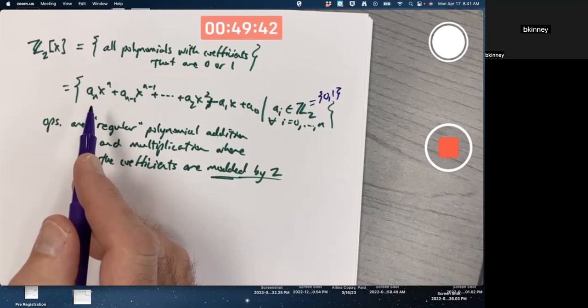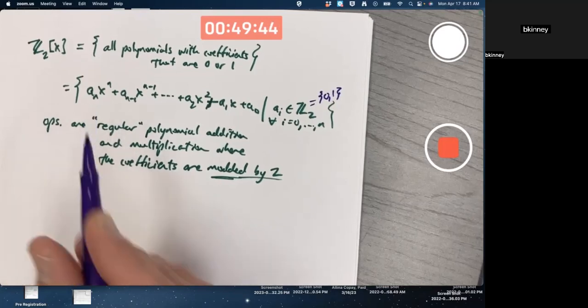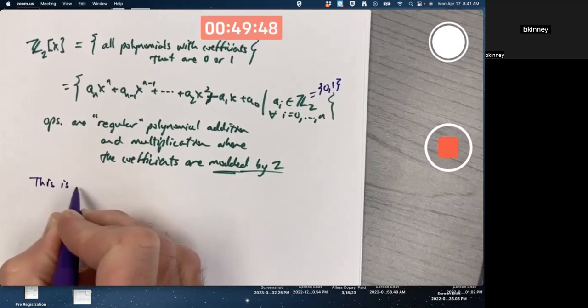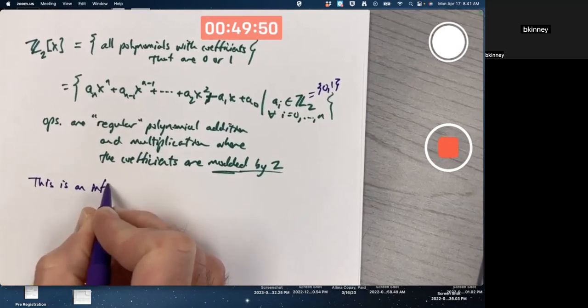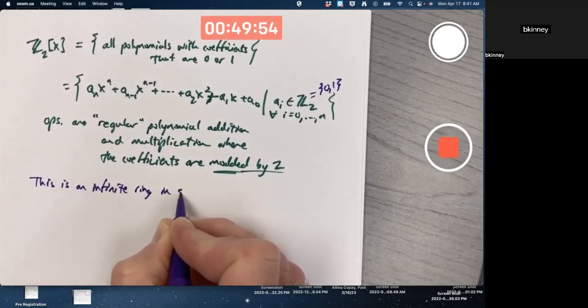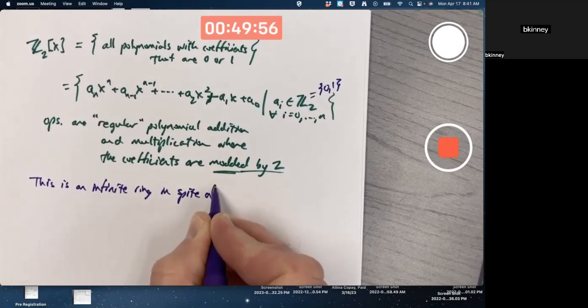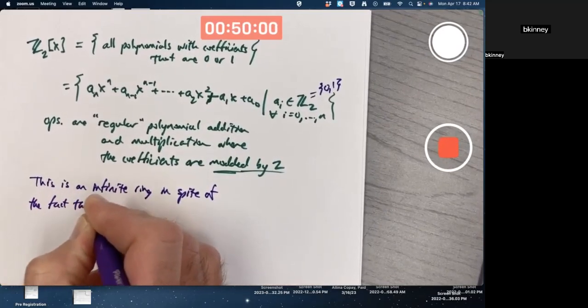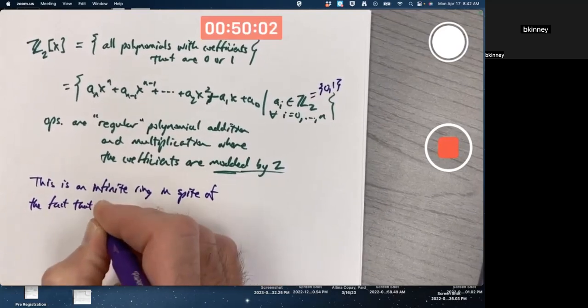Any positive integer for n. So this is an infinite ring, in spite of the fact that each coefficient is either a 0 or 1.